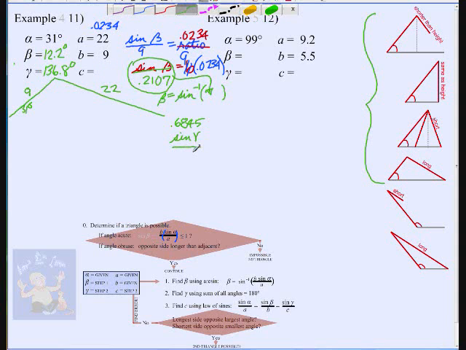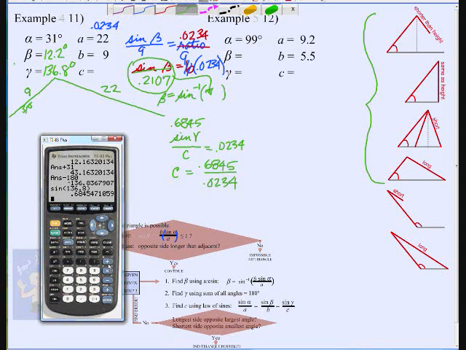It's the sine of gamma over c equals 0.0234. So my c equals the sine of gamma, 0.6845, divided by this ratio, 0.0234.